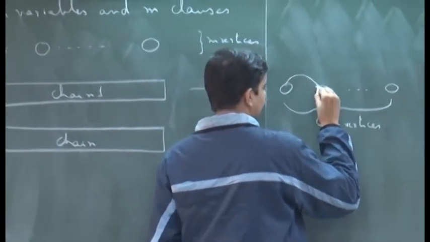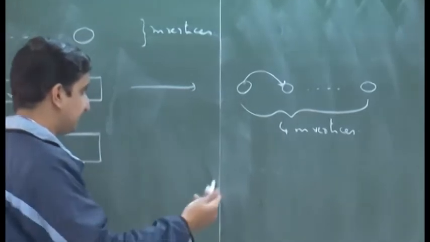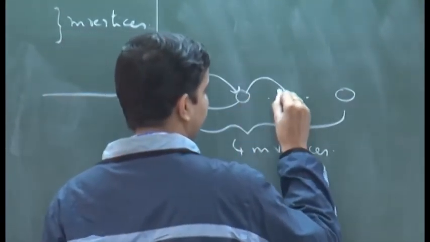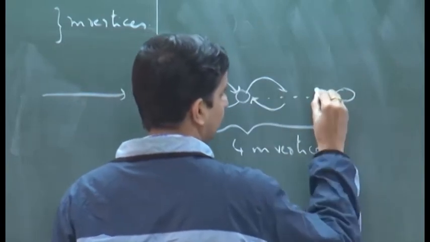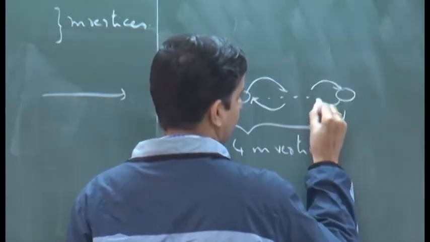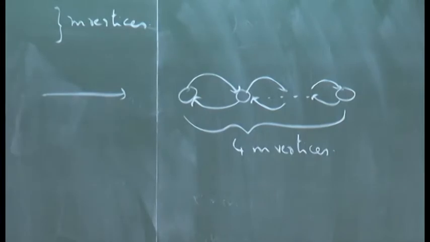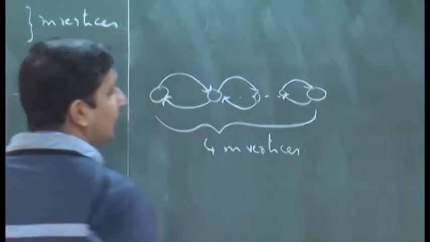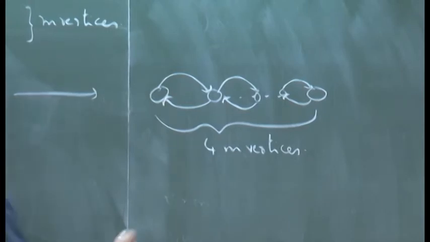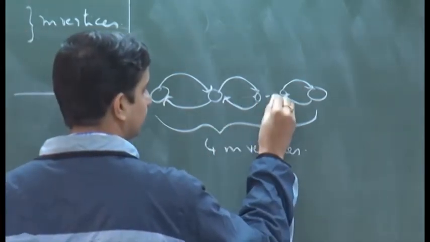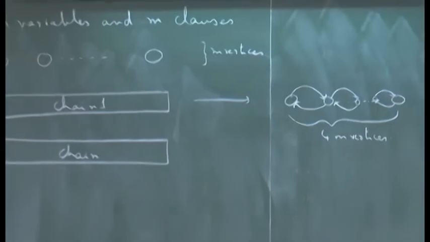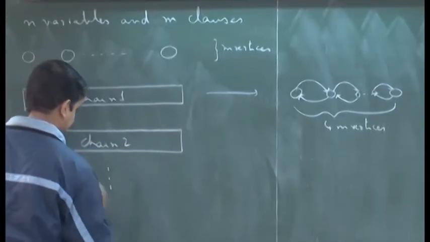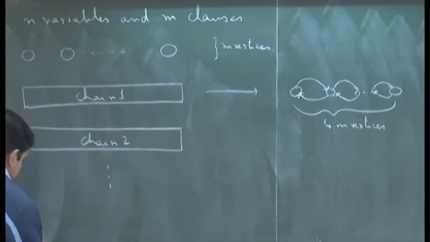I add an edge between a vertex and its adjacent vertex in both directions. So, this is what each of these chains looks like, and I have n such chains.